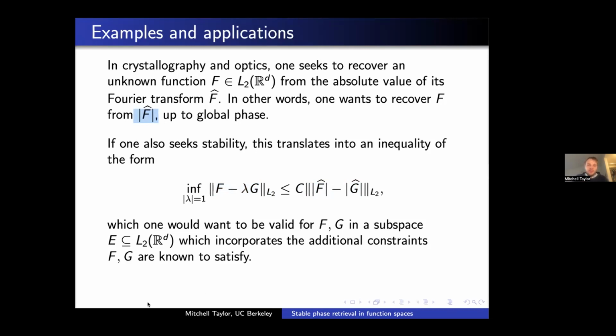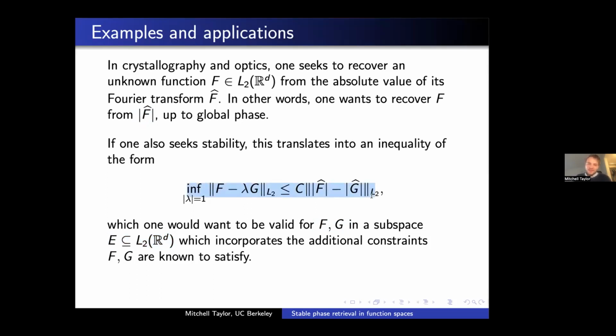Well, it should be true whenever I take f and g in a certain subspace E of L2, which incorporates whatever additional constraints I know my signal will satisfy. Obviously an inequality like this cannot be true on all of L2.